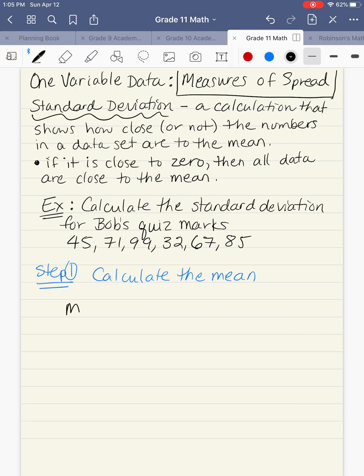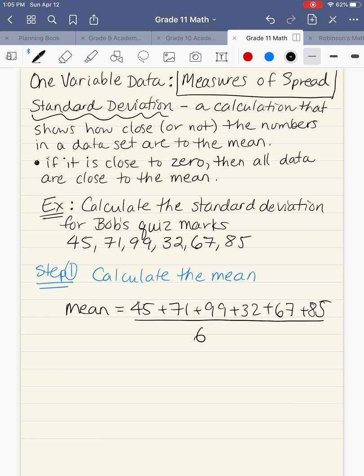Okay, so the mean is going to be equal to all of those numbers added together and then divided by 6. Okay, and we are going to get for our mean 66.5.